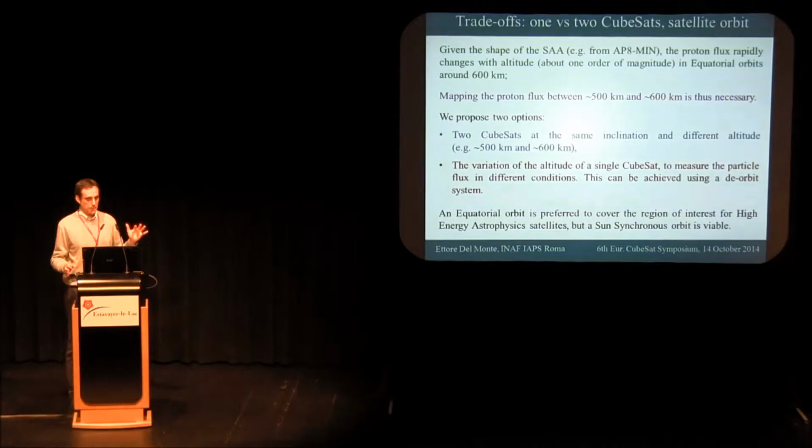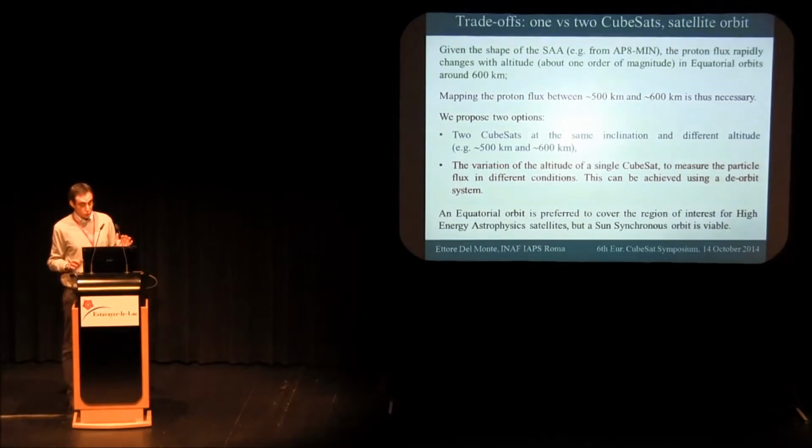Since, due to the shape of the South Atlantic Anomaly, the flux rapidly changes with altitude, we want to measure the flux between, say, 500 kilometers and 600 kilometers, which are basically the altitudes at which the satellites for science will fly. We can propose two options for this task.